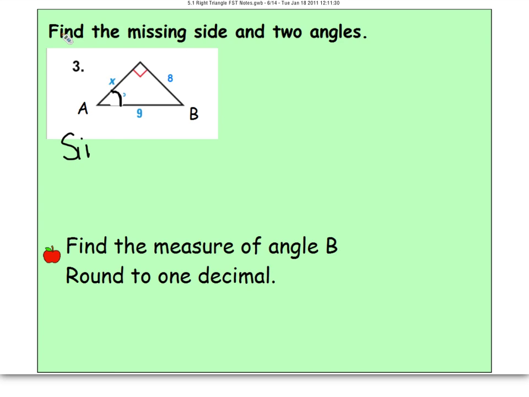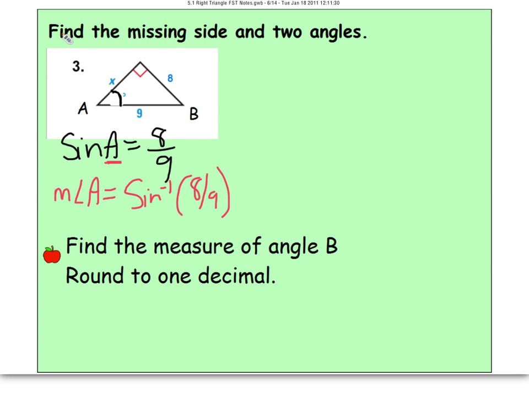So I'm going to say the sine of angle A is 8 over 9. Now I'm almost done. I want to get what the measure of angle A is. So the measure of angle A is just that inverse sine, or the sine -1 button, of 8 over 9. When you do that, you're going to get that it's 62.7 degrees. So I'm going to write that in.